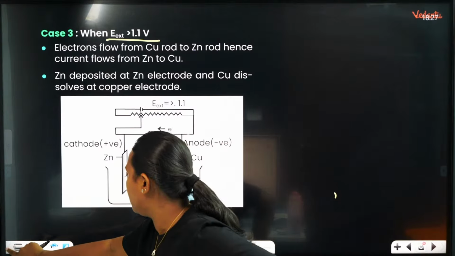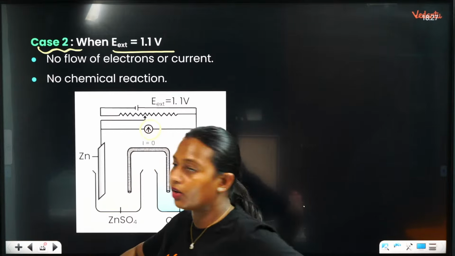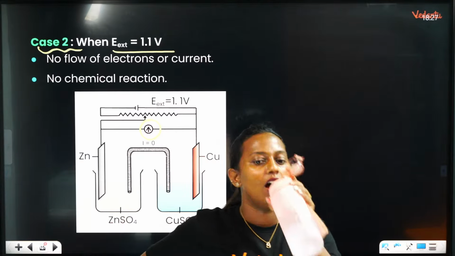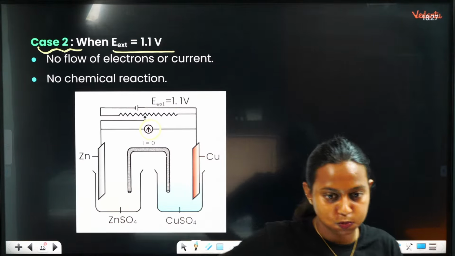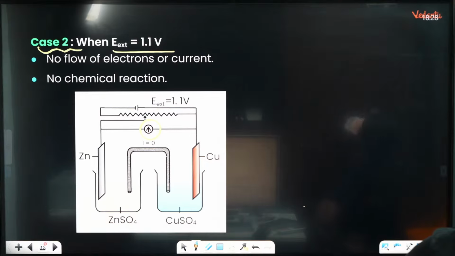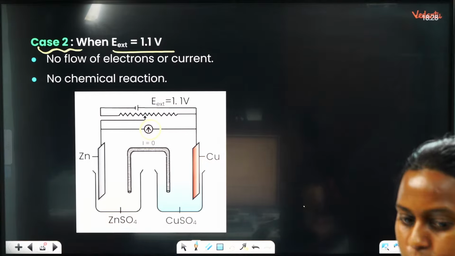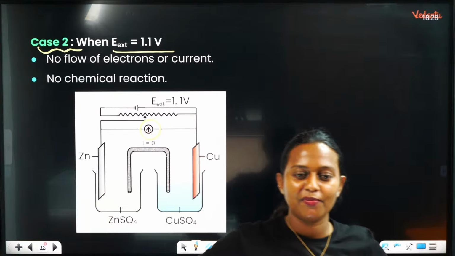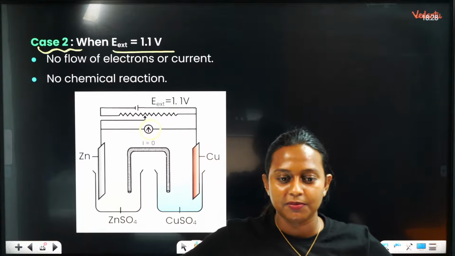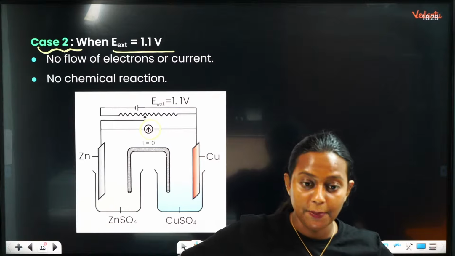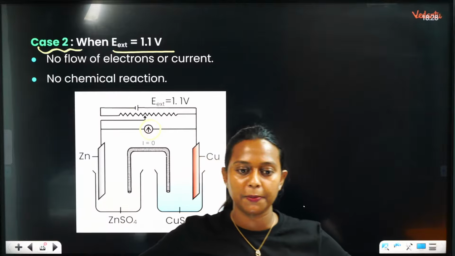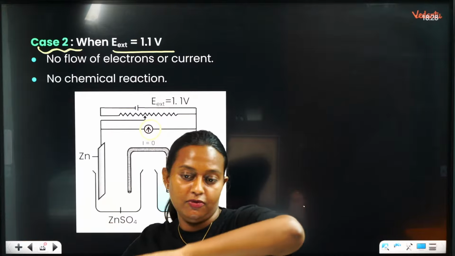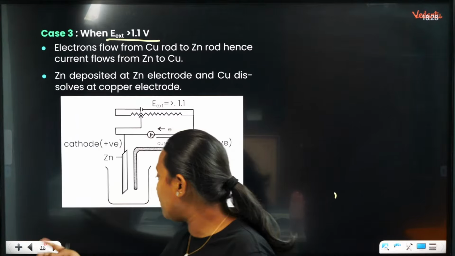It will act as an electrolytic cell. Electron flows from cathode to anode. Very good. The direction is reversed, so the cell will act as a reverse cell.